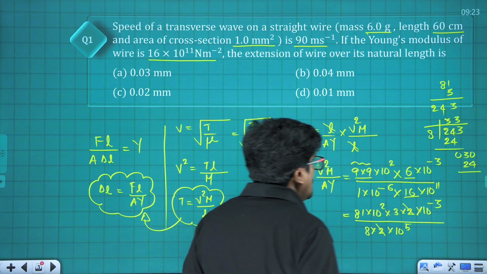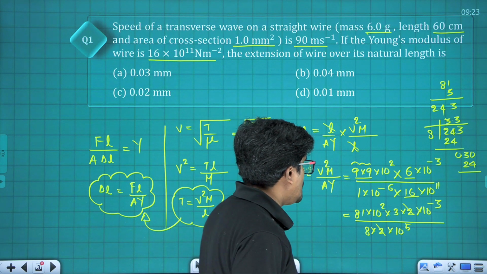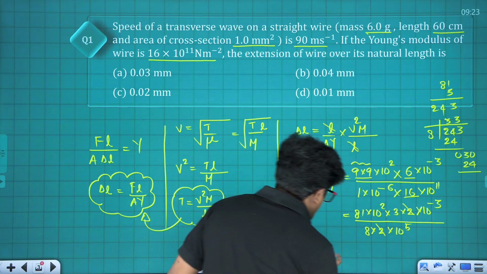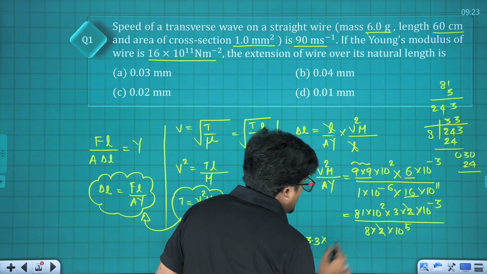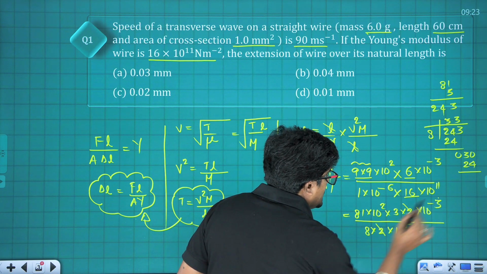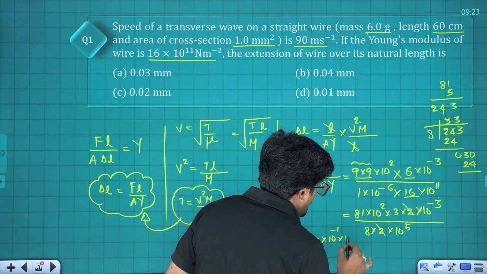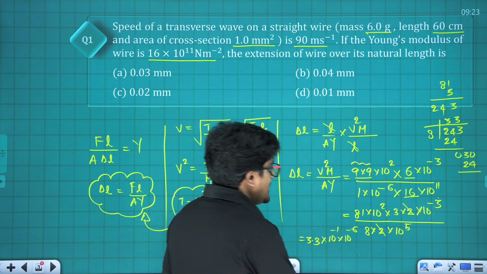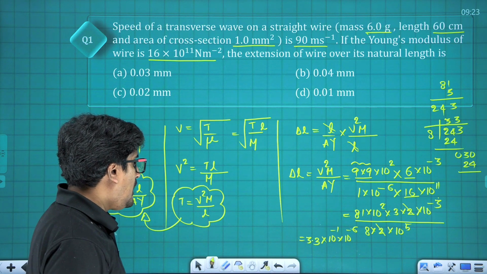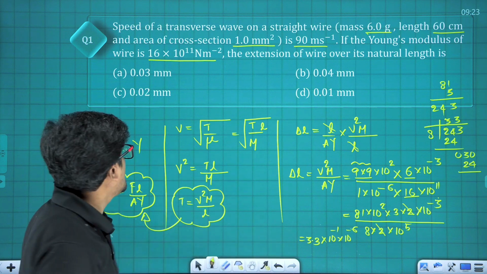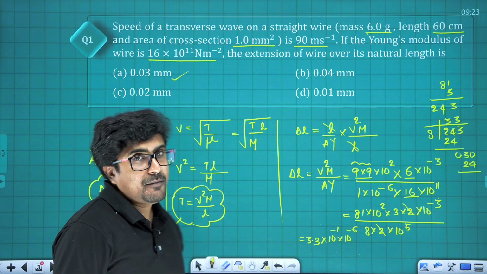So here this is going to be 3.3 into 10 to the power minus 1, and this will be coming to the top, 10 to the power minus 6. Now comparing this with my answer, it should be 0.03 mm.